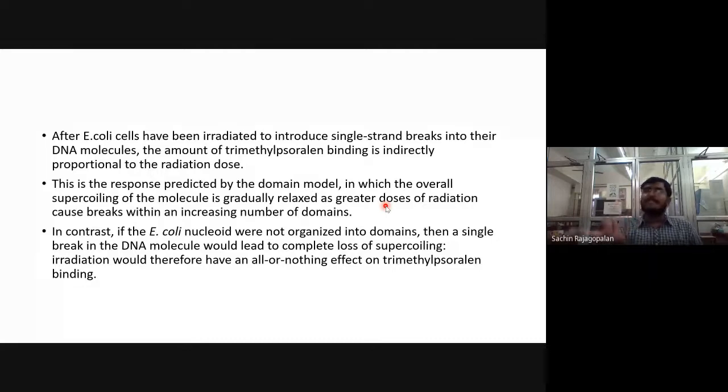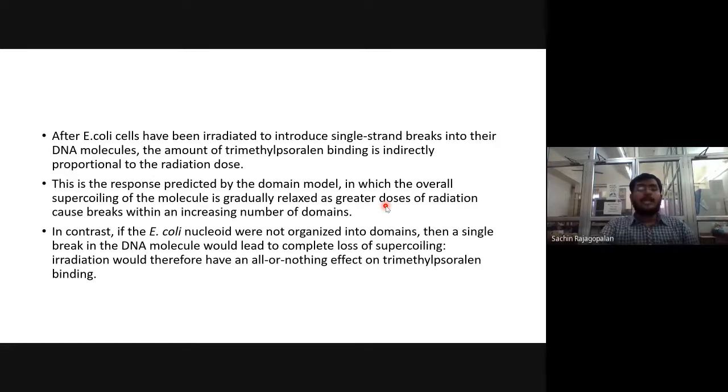So it is inversely proportional to the radiation dose. जितना ज्यादा रेडिएशन होगा उतना कम ट्राइमिथाइलसोरलेन डीएनए को बाइंड कर पाएगा. क्यों? क्योंकि जितना रेडिएशन तुम एक्सपोज करोगे, उतने ब्रेक्स होने लगेंगे. जितने डीएनए में ब्रेक्स होने लगेंगे, सुपर कॉइलिंग उतना कम होते जाएगा. जितना सुपर कॉइलिंग कम होते जाएगा, उतना ट्राइमिथाइलसोरलेन का बाइंडिंग भी कम होते जाएगा.